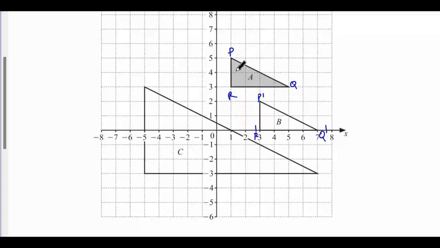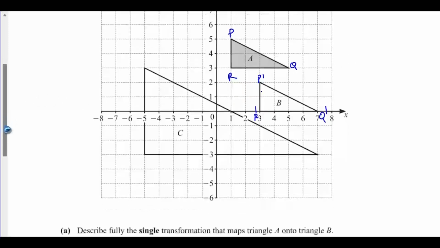So P was here and P prime is here. So what makes it go 1, 2, and that's to the right, that is plus 2. Then 1, 2, 3, that is minus 3, because it is downward. So it will be translation by the vector 2, minus 3.